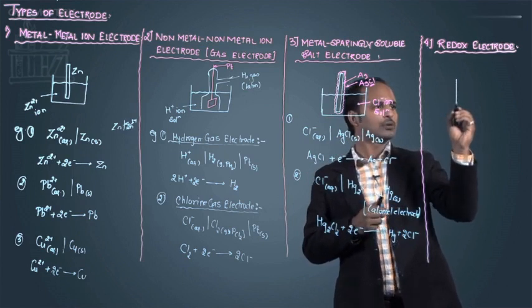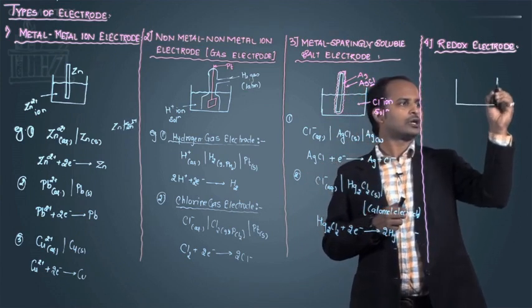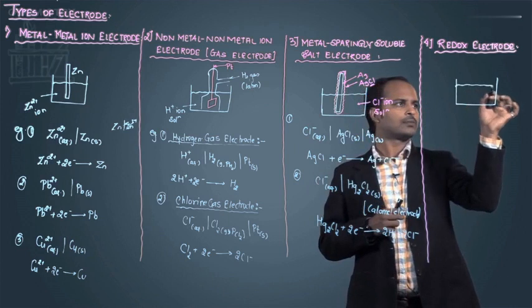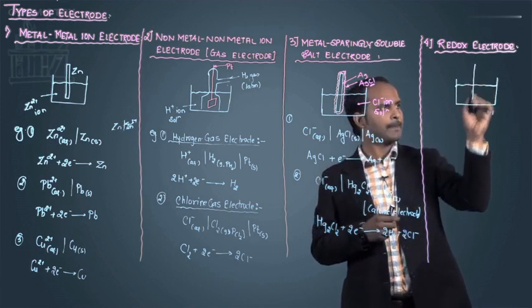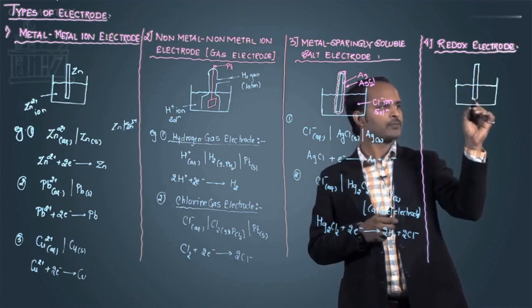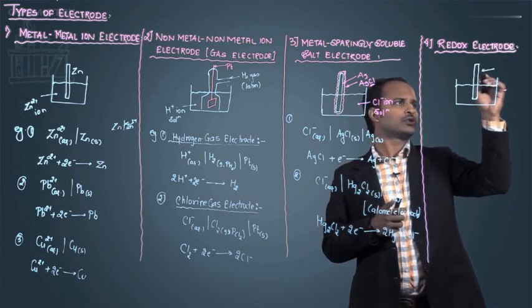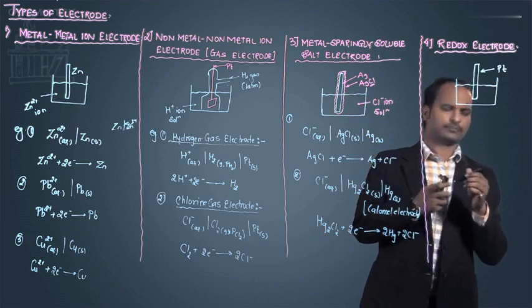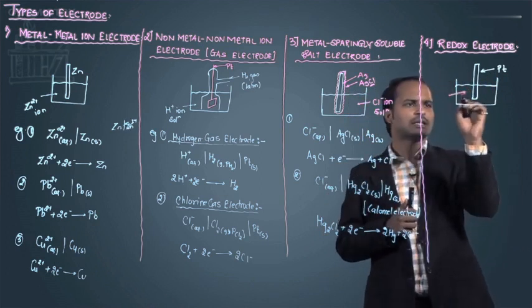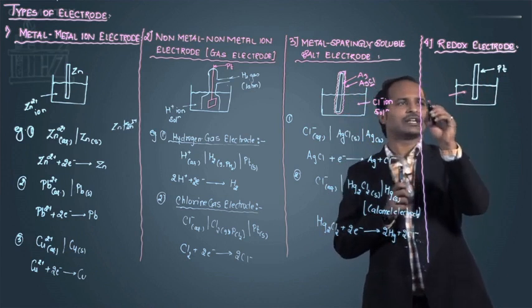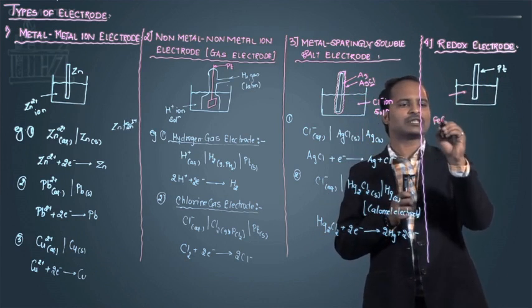So for the redox electrode, this is the platinum electrode, and as I said, the solution contains the same metal ions, like the solution is containing FeCl2 and FeCl3.